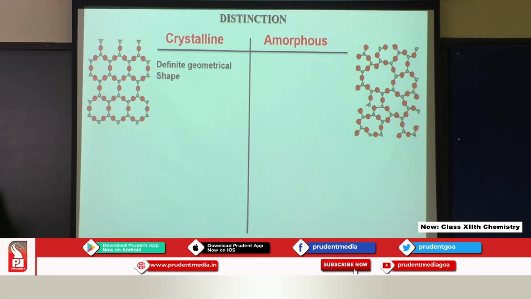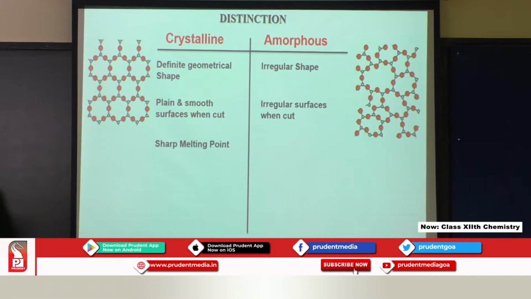A crystalline solid has a definite geometrical shape, while amorphous solid has an irregular shape. When cut with a sharp-edged tool, a crystalline solid generates plane and smooth surfaces, while an amorphous solid is going to generate an irregular surface.